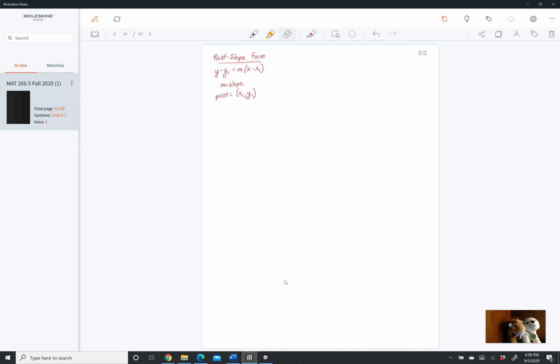Okay, that's point-slope form. And you will use point-slope form when you are being told that you should write the equation of a line and you're given a slope and a point. Okay.